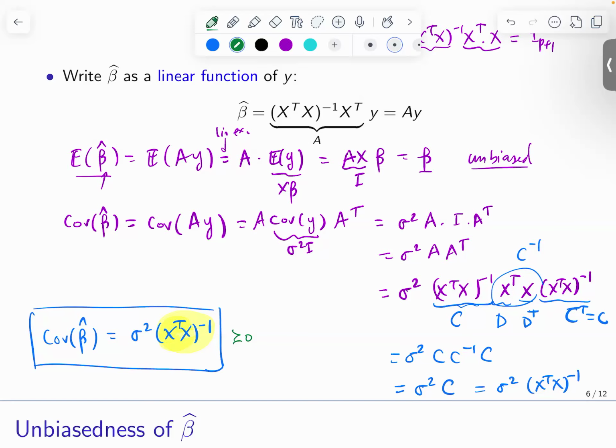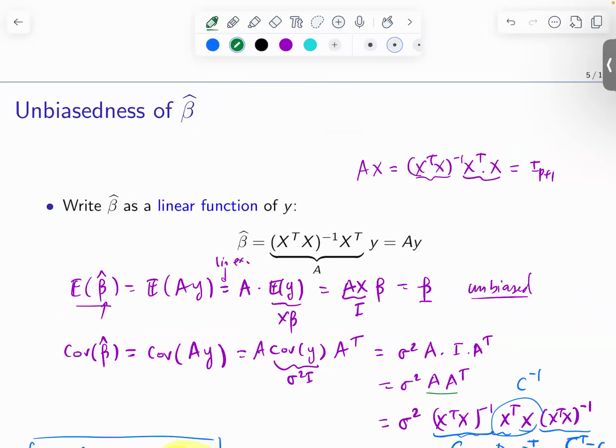I encourage you to go through it yourself if you had trouble following it. Yes? That's the first part of the covariance, the A transpose is the same as the norm, but is it with... The norm, this is not the norm. You mean A transpose times A? So A is a matrix. A times A transpose is another matrix. What you have in mind, probably, is that if you have a vector, let's say beta, then beta transpose beta would be the norm of beta squared.